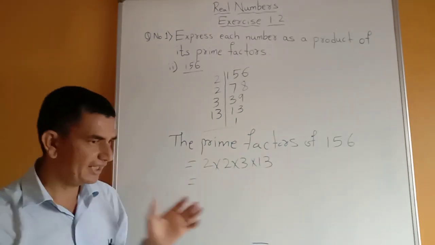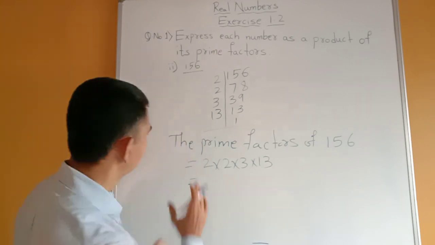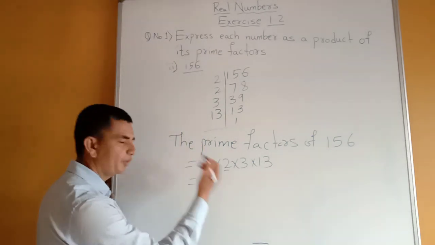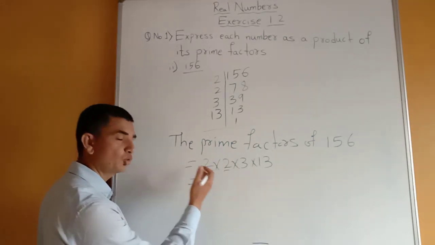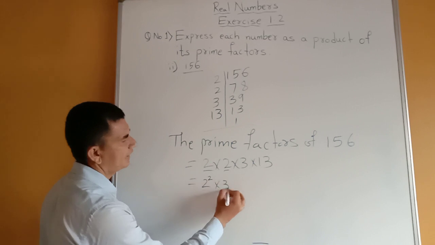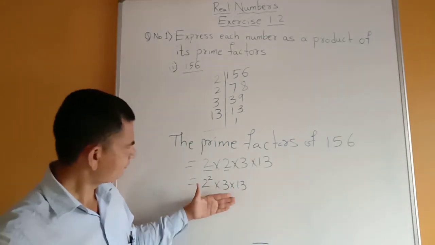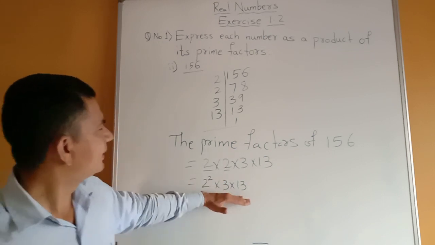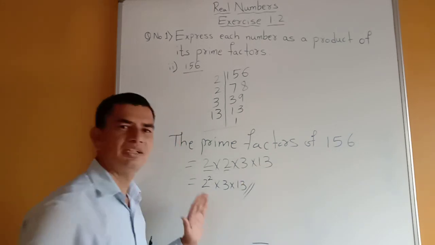Now we have to see, are there any factors repeating? See here, the 2 and 2 are repeated 2 times, so we can write it in the form of a power. This is 2 to the power 2, means 2 square into 3 into 13. So these are the prime factors of 156.